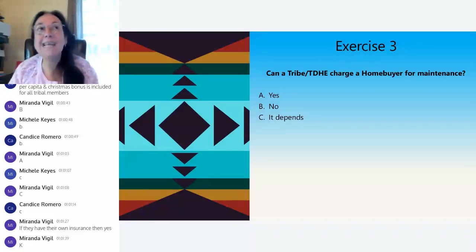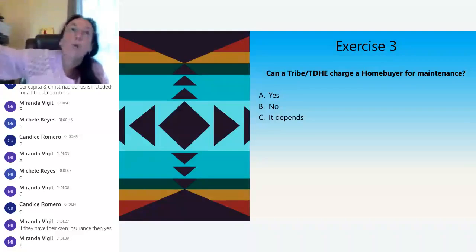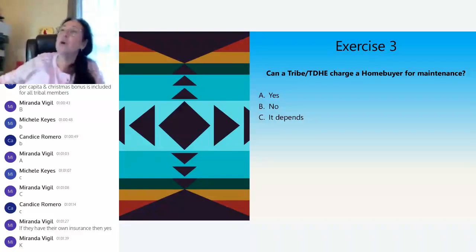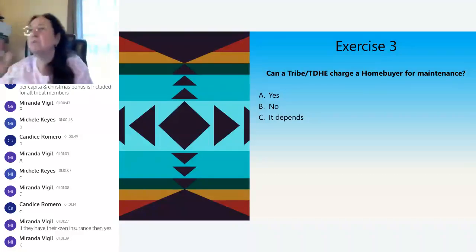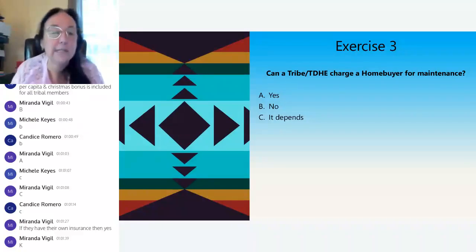If they didn't have somebody that could fix it, we offered our maintenance staff, and we had a set price per hour, and a whole chart of how much a toilet replacement is, how much drywall is, how much painting is. Our maintenance guys would do that, and we would charge their account, and then they would pay us back. One of the reasons is because we're so far away, and we don't have a lot of handyman in this area that do things like that. So that's what we would do there.